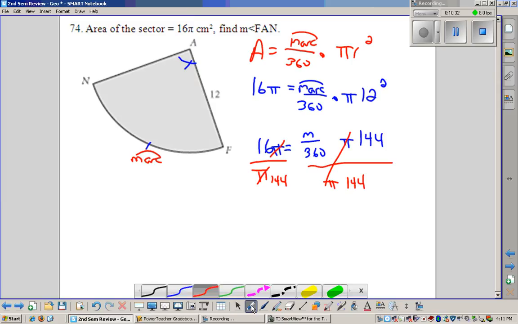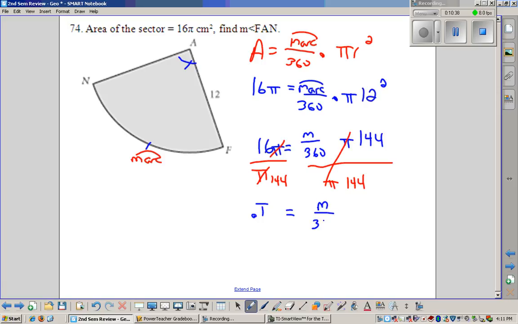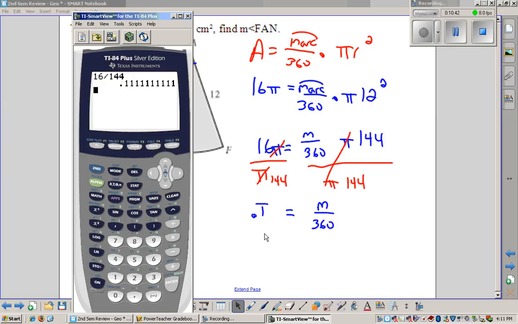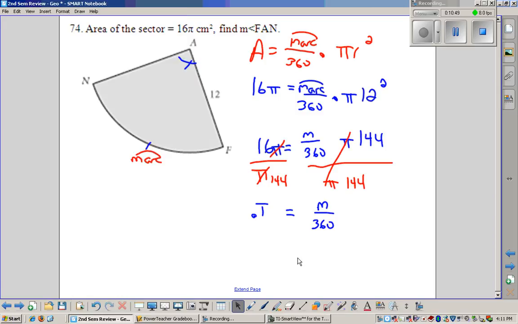Okay, so this is where we are. 0.1 repeating equals n over 360. To get rid of the divided by 360, we'll multiply by 360, and we get n to be 40 degrees. So that's the measure of the arc. It's also the measure of the central angle.